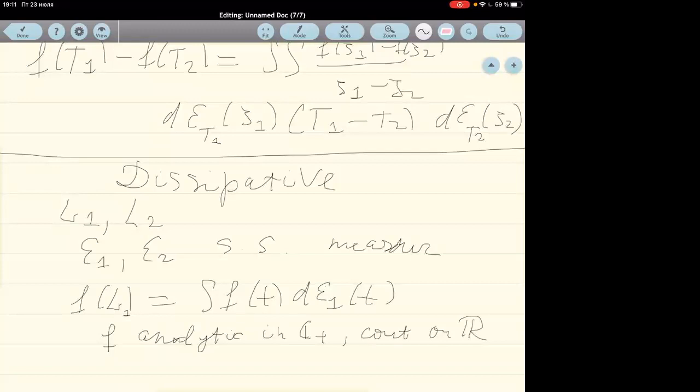But actually, such functions do not have to be bounded.